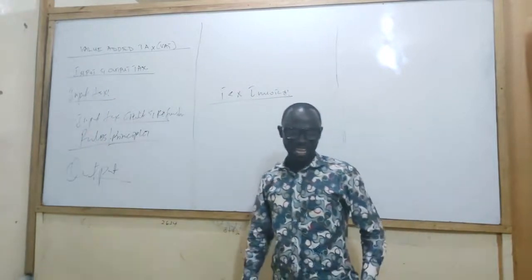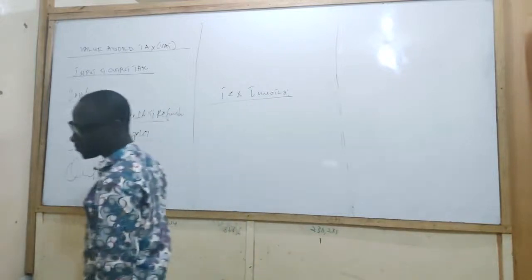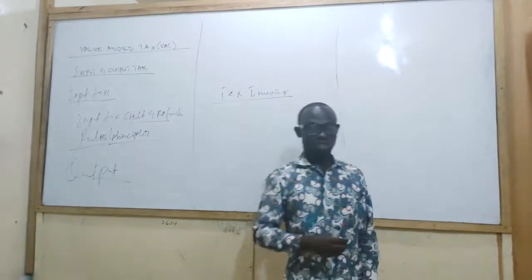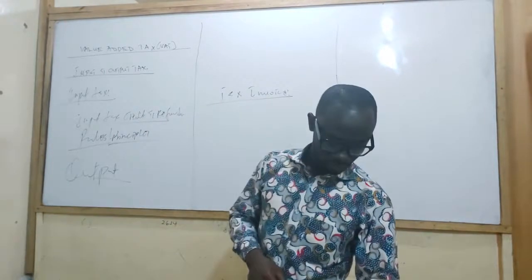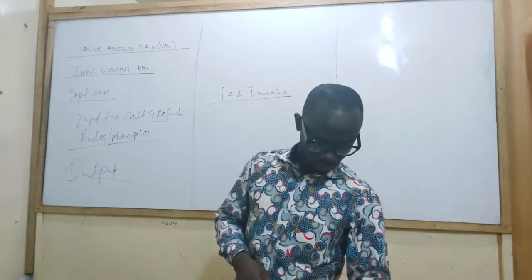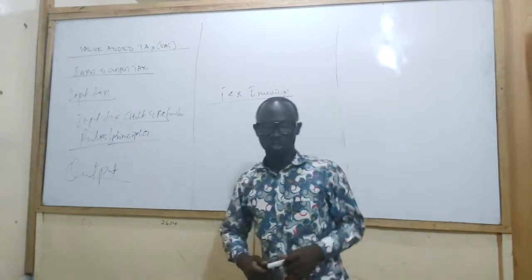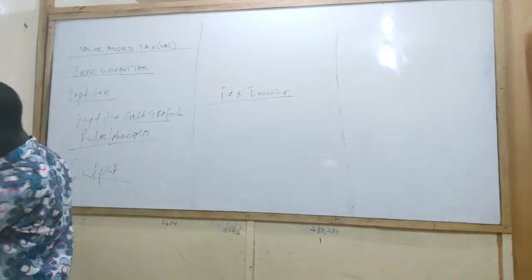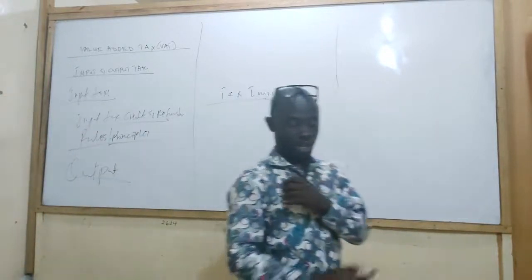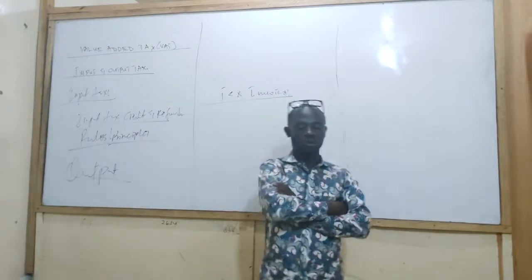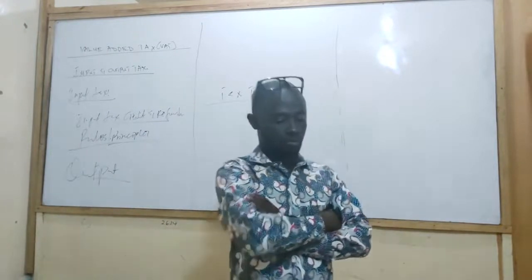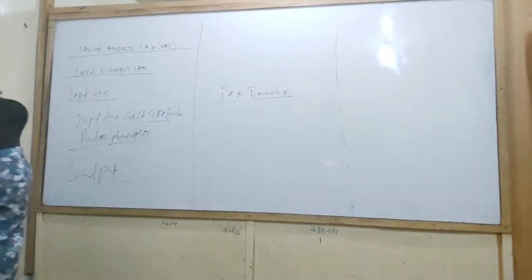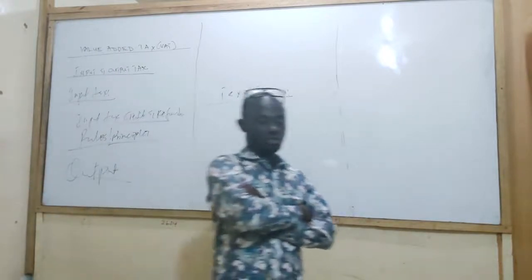Okay, so let's put a definition down. A tax invoice is a document showing information on the supply of taxable goods or taxable services to another person.